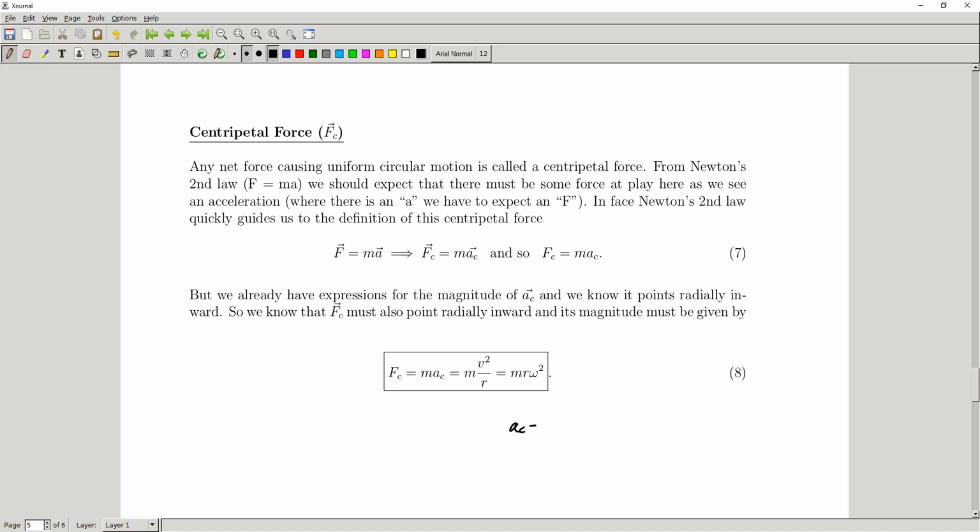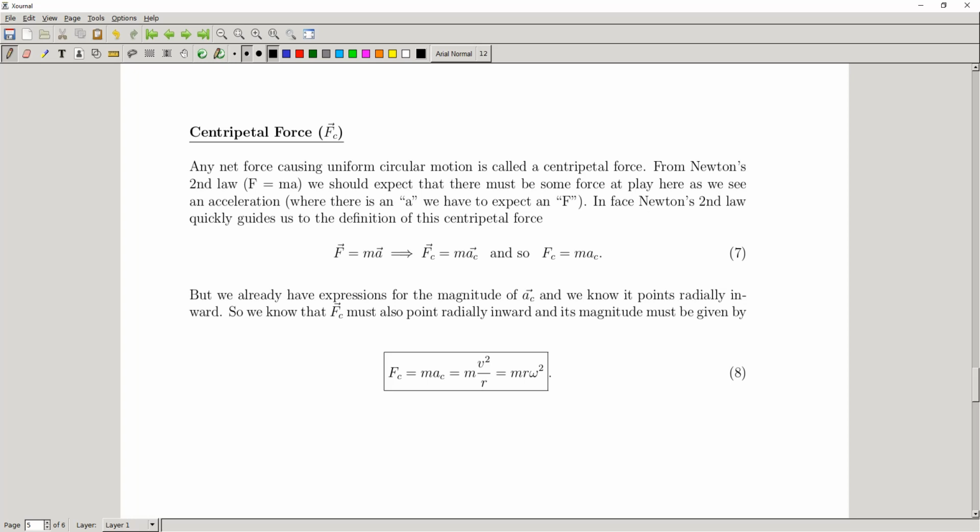We take a_c equals v squared over r equals r omega squared, and we just hit them with m. And it just leads us to this equation that we have here. These are the two expressions that we're going to need for the magnitude of our centripetal force.